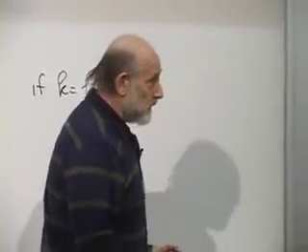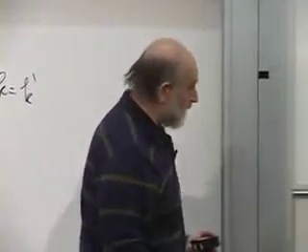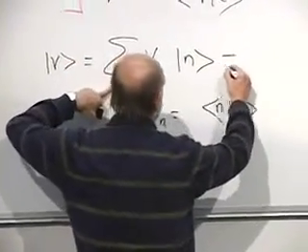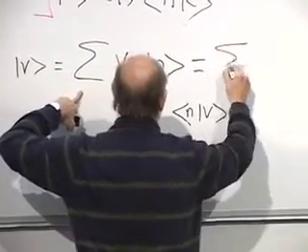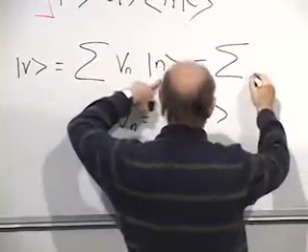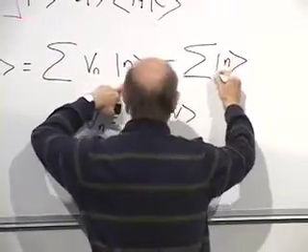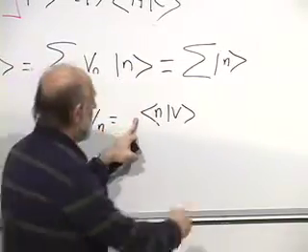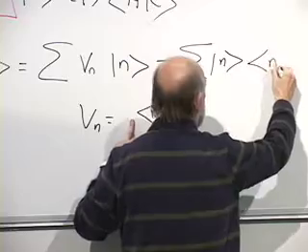This is easy to prove. I think I actually proved it in class at one point. So you can rewrite this as the sum of, now let's do it right, let's put first |n>. That's this n over here. And then let's put v sub n, which is <n|v>.